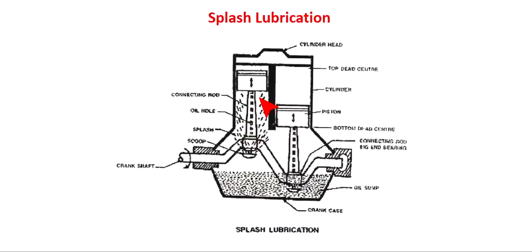When the piston comes down, this surface gets lubricated. You also have the piston rings here, and there is an oil ring over here. This oil flows through the oil ring, lubricates the gudgeon pin and the small end of the connecting rod, and through the small end gallery it flows back. This is how splash lubrication happens in an engine.